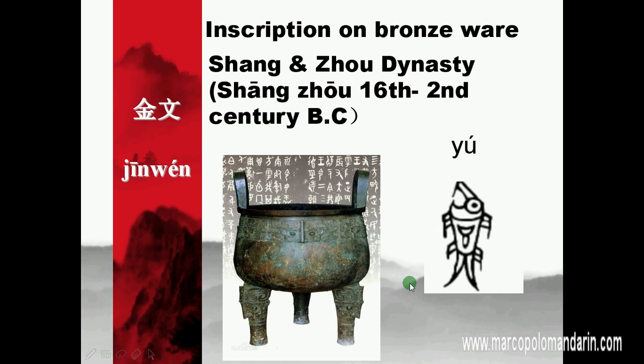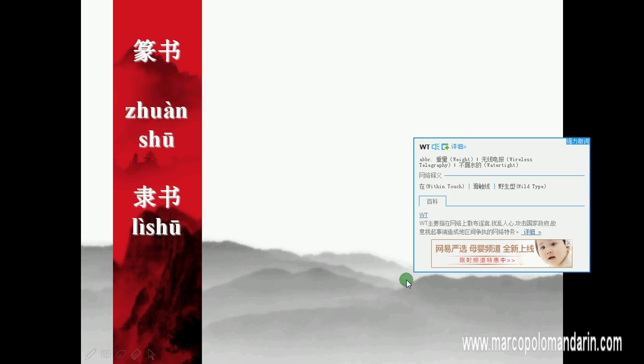Then we turn to the third one, 篆书 and 隶书. These two kinds of characters were used in nearly the same period. So this is 篆书, still 鱼.